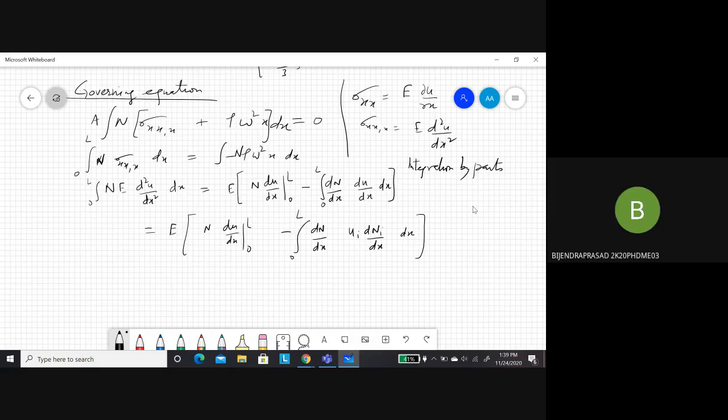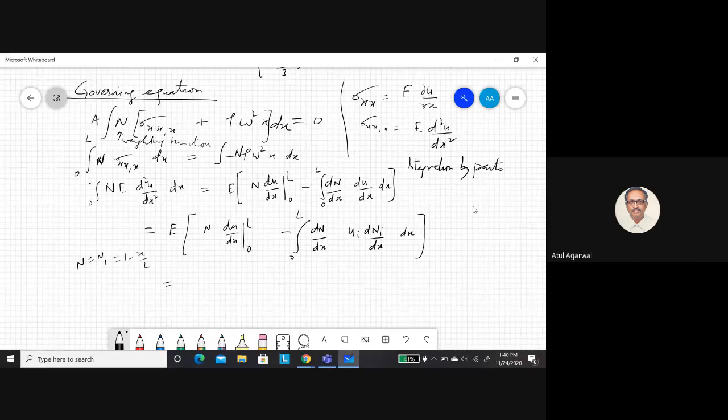Yes, sir. Now you take n is equal to n1. What is your n1? 1 minus x by L. These are your weighting functions. So first time you take this as n1. So what do you get? What is the value of this n1 at x is equal to L? 0 at x is equal to L. Vijender, do you understand?